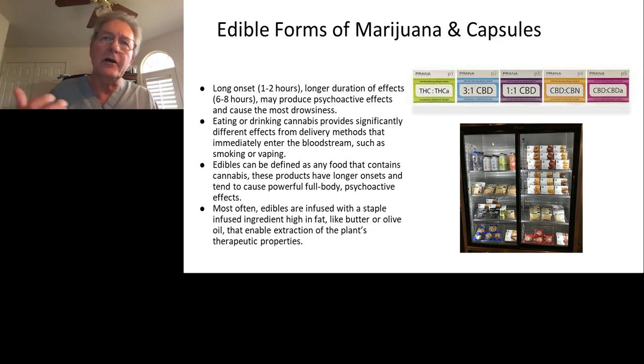But generally, the onset is considered 1 to 2 hours, and the duration of the effect can be 6 to 8 hours or even much longer, going into greater than 24 hours, depending on the dose that the person takes, what the components of that product that they took, and how their own genetics work within metabolizing that particular product. So edibles include eating or drinking cannabis.